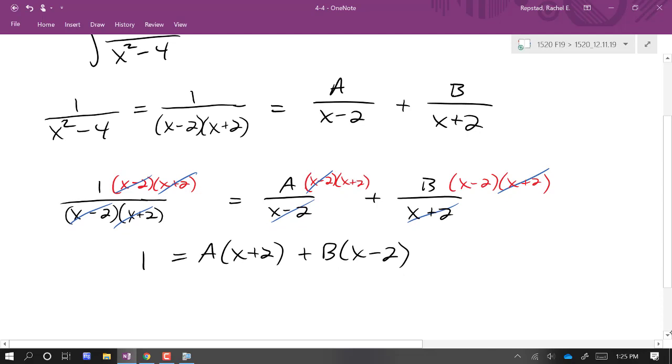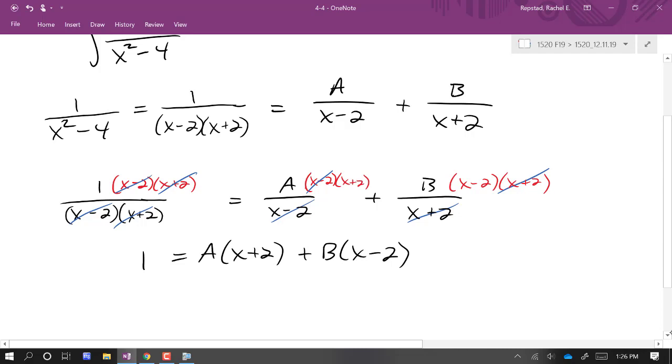Whatever constants a and b are, they have to be such that this equation works out for all values of x, right? Like if these are just equal always, meaning it works no matter what value of x you might choose to plug in. So there's a couple particularly convenient values of x we can plug in that'll help us figure out what a and b are.